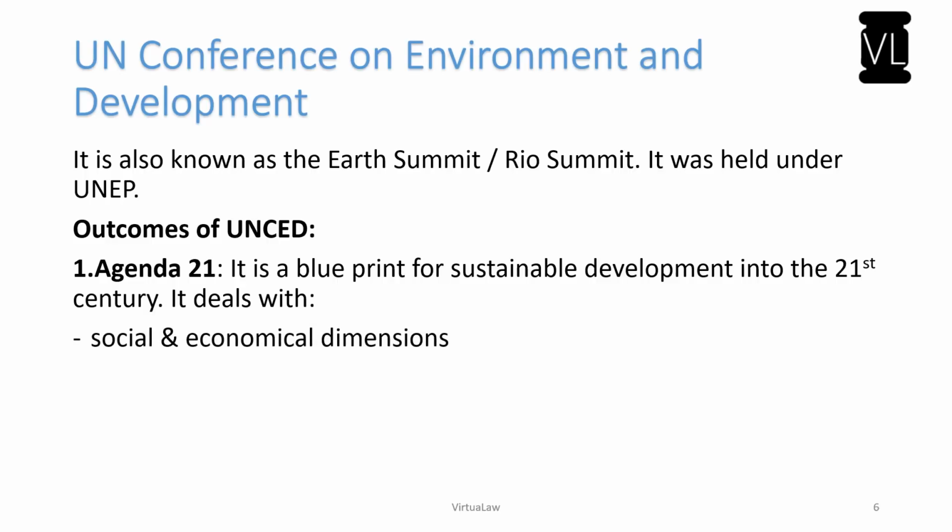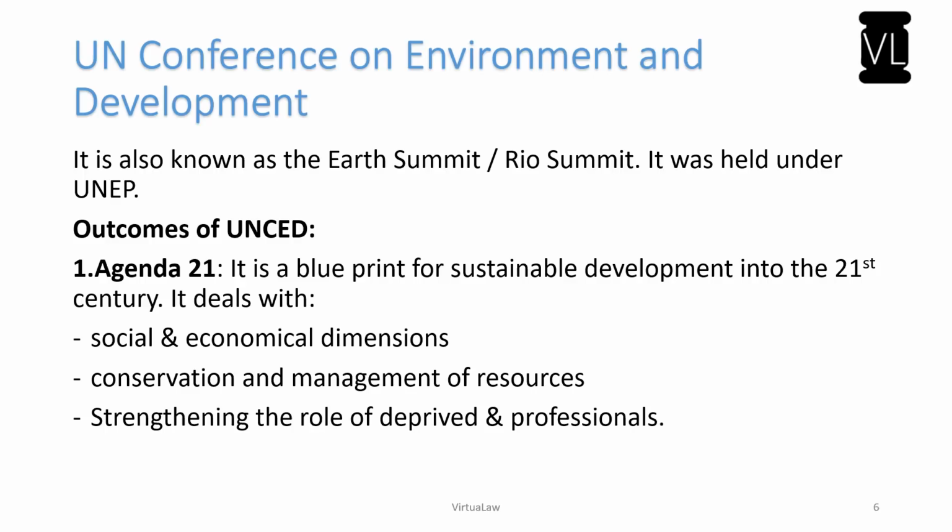Under this Agenda 21, it talks about the social and economic dimensions, conservation of resources, management of the existing natural resources, strengthening the role of the deprived, that is the deprived people like the lower working class, and also the professionals, that is scientists and other professionals, and finally the means of implementation. So through technology do you implement it, or through science do you implement it? All of these are discussed under the Agenda 21 document. The most important thing is the 21st century. So 21 stands for the 21st century.